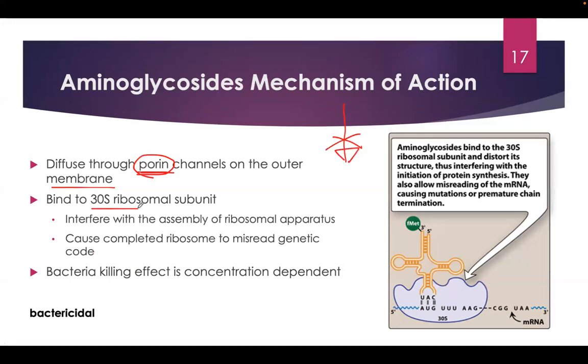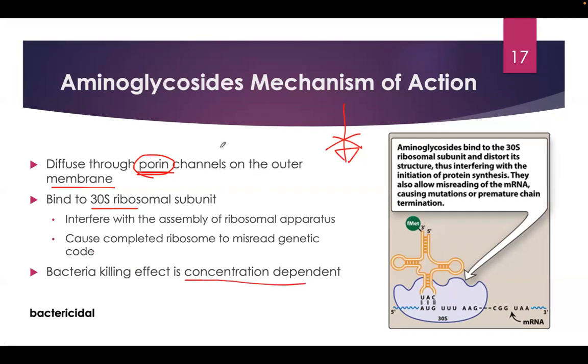And as we talked about, when that occurs, we are interfering with that ribosomal apparatus. Of course, when that happens, you can't interpret genetic codes, you can't create a cell wall, and you get killing of the bacteria. So keep that in mind.